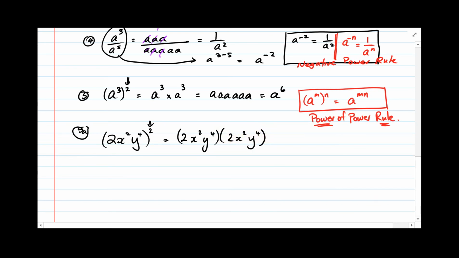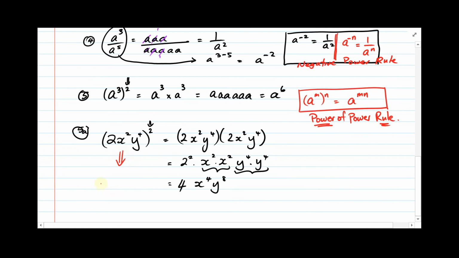But we don't want to always have to do this. So after rewriting and grouping like terms, we ended up with an answer of 2 squared, or 4, x to the 4th based on the product rule, and y to the 8th.